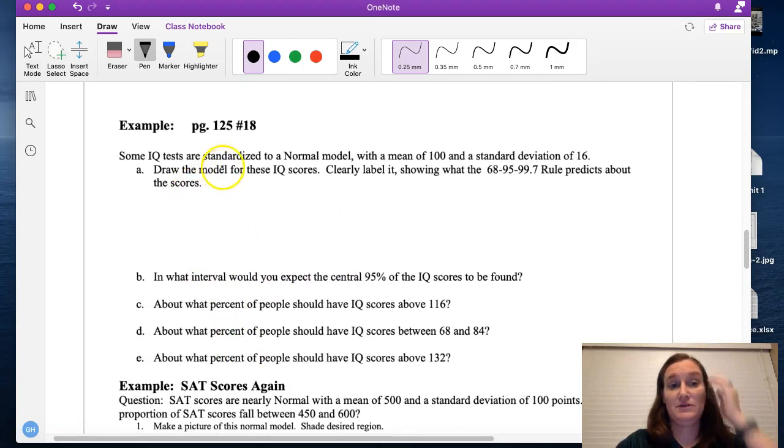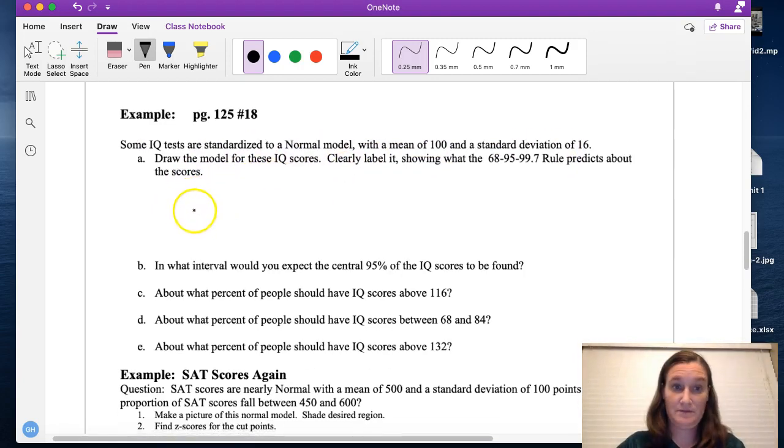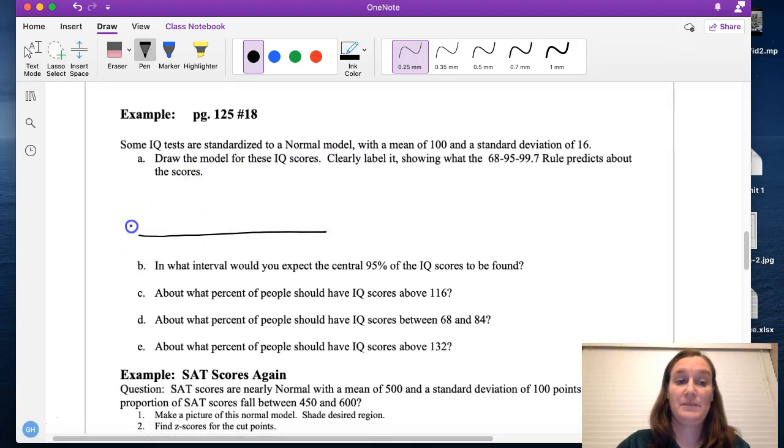Some IQ tests are standardized to a normal model with a mean of 100 and a standard deviation of 16. Draw the model for these IQ scores. So we're going to have a little axis here, and I'm going to attempt to draw a bell curve. Right smack dab in the middle is the mean.